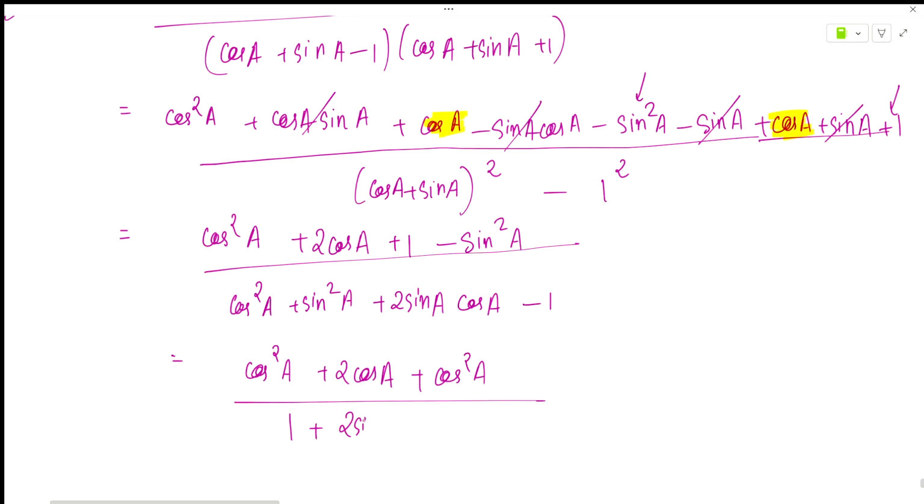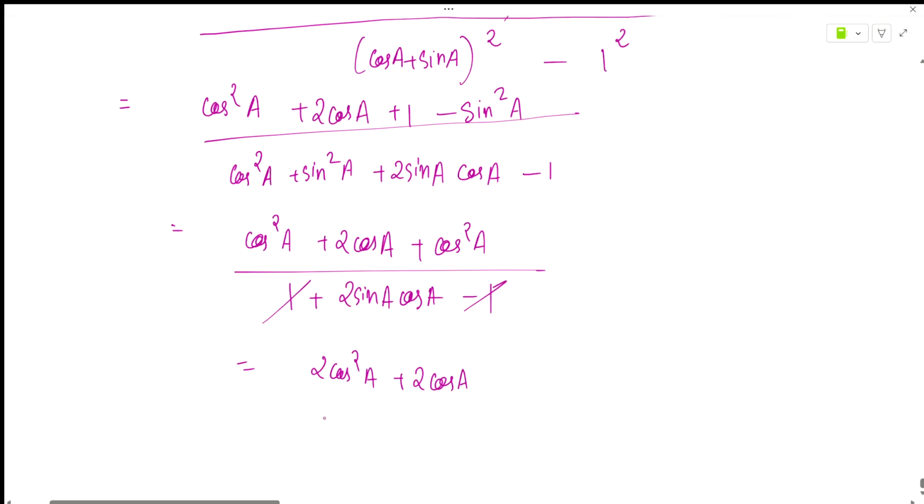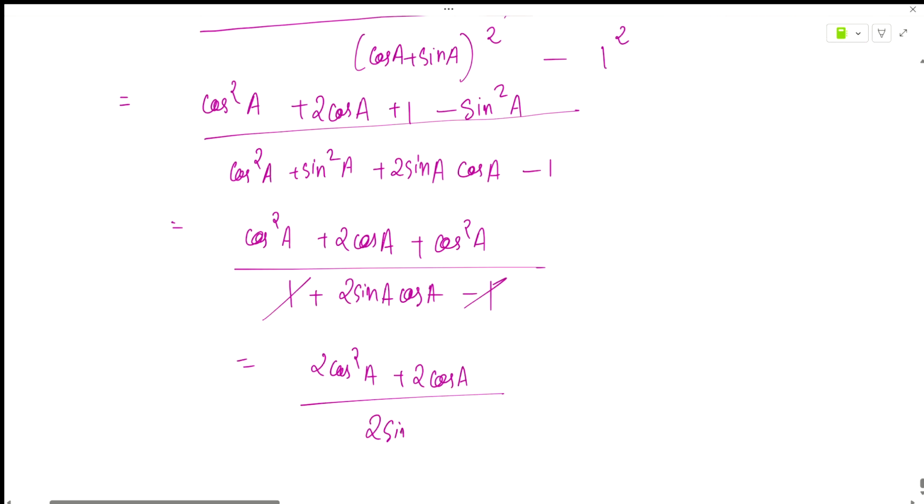This is 2 sin A cos A, and over here I have minus 1. So if you cancel the 1 and minus 1, you have cos square A plus cos square A, which gives me 2 cos square A. This is plus 2 cos A, and on the bottom I have 2 sin A and cos A.